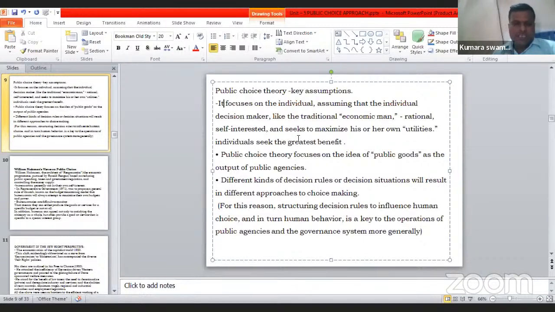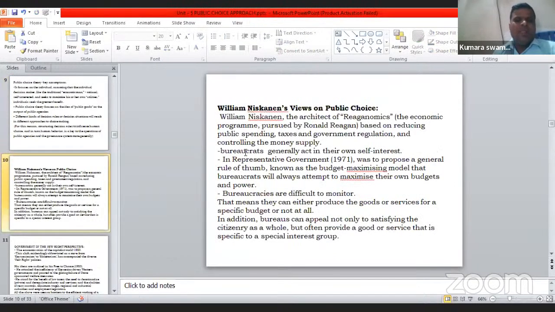So this is the first assumption. Another assumption is that it focuses on public good, and different kinds of decision rules or decision institutions will result in different approaches. So these are the different assumptions of public choice theory.